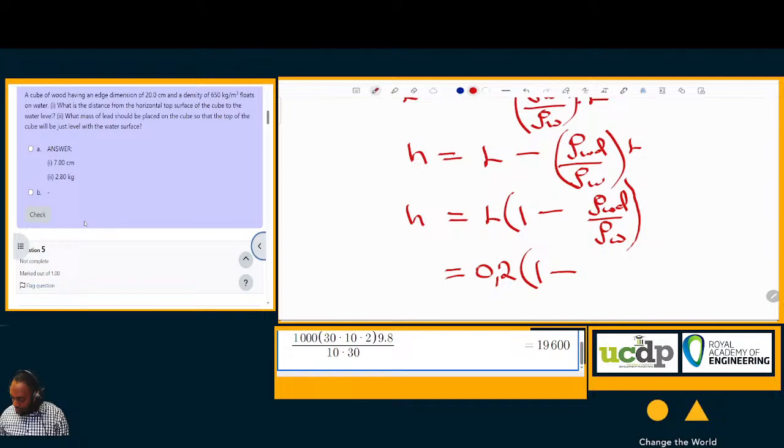Then you've got 1 minus the density of the wood, 650, over the density of water. Then you can compute this.